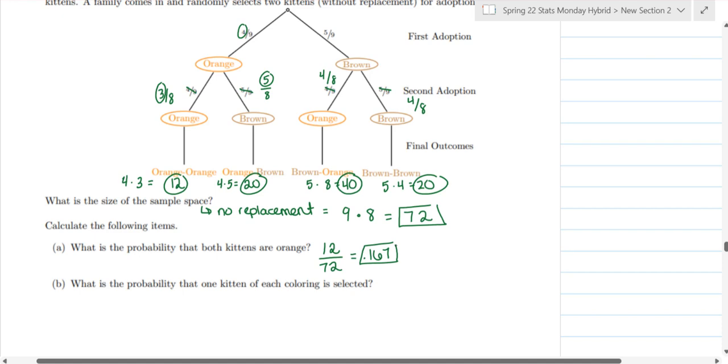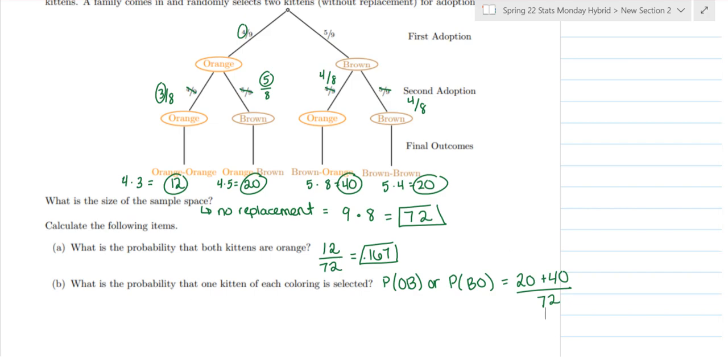What is the probability that one of each coloring is selected? Okay, so that is OR, so probability of orange brown or brown orange. So that's 20 plus 40 over 72.